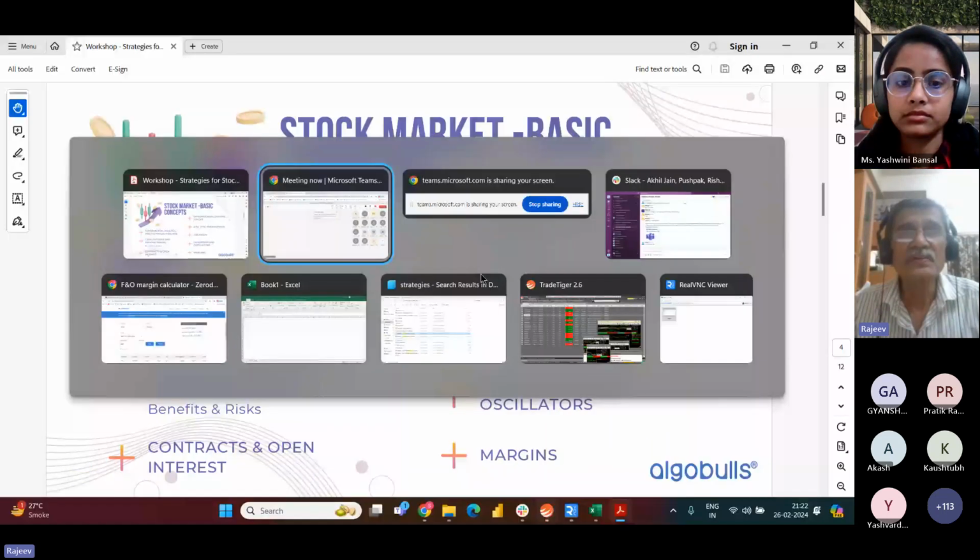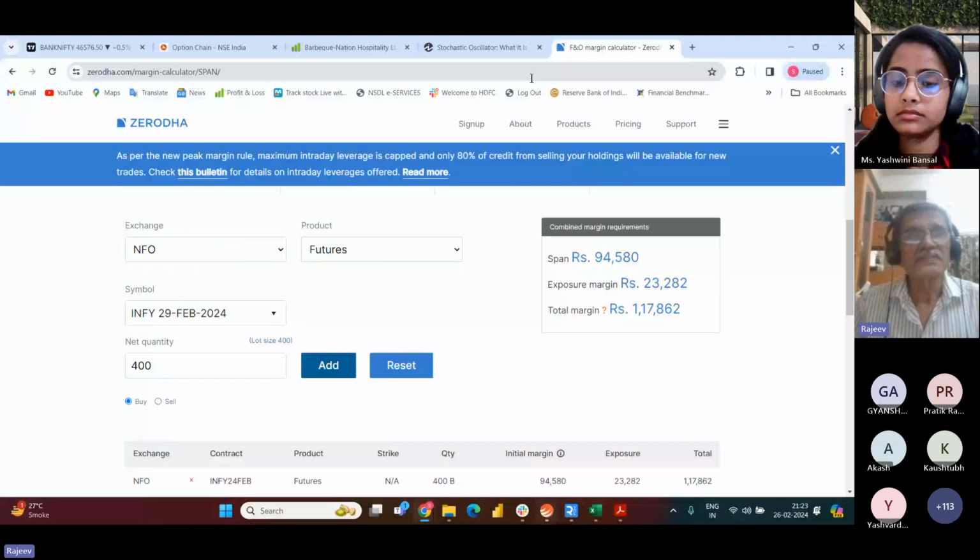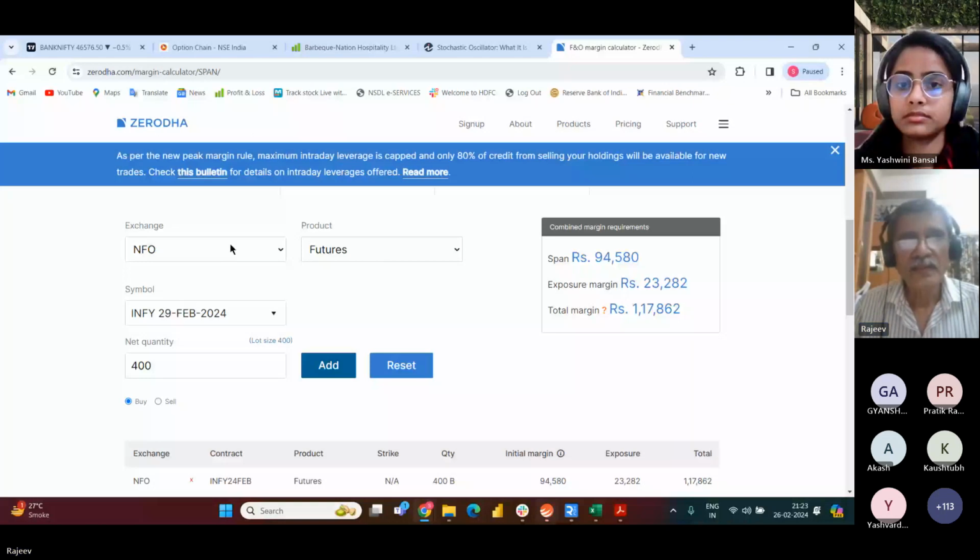So I will just take you to another website. This is a Zerodha website where I'm entering the input. Input is NFO. The product is futures. The symbol is INFY, and the expiry date is 29th February.